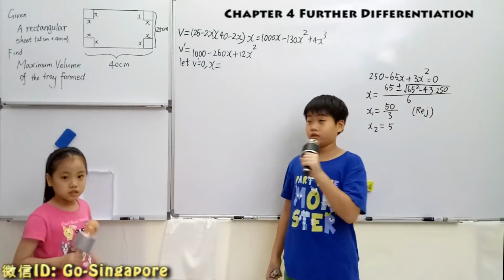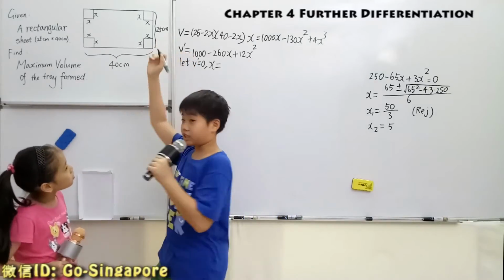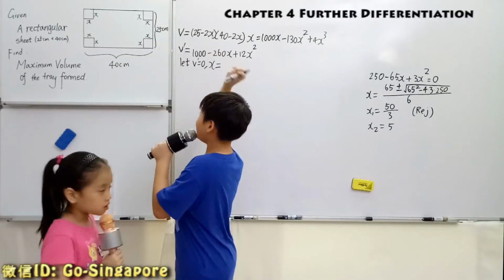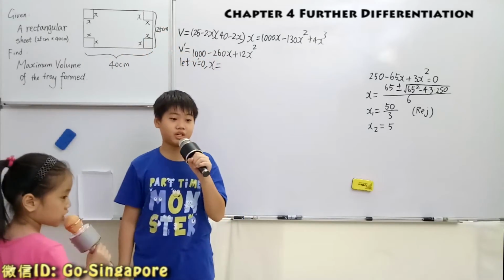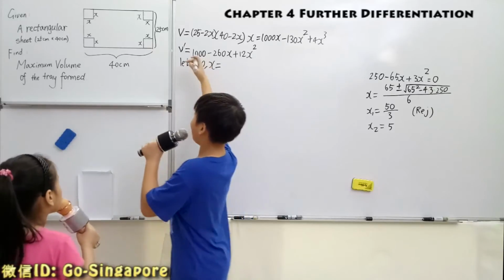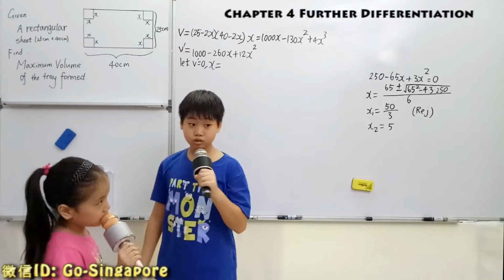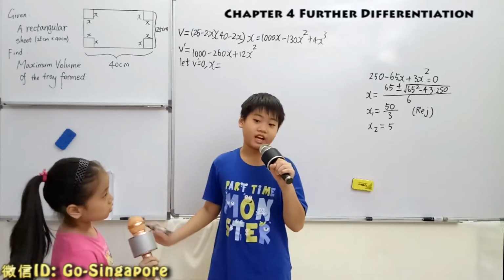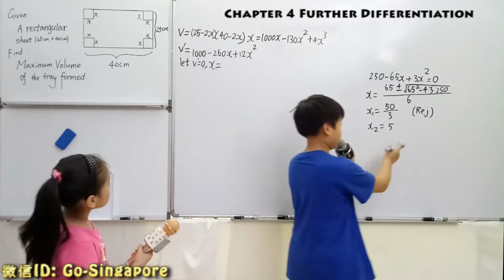If it is already 17, let's just count at 16. Even if it is 16, 16 times 2 is 32. How are we going to fit this 25? And also, there's no such thing as a negative length. So this one we need to reject.